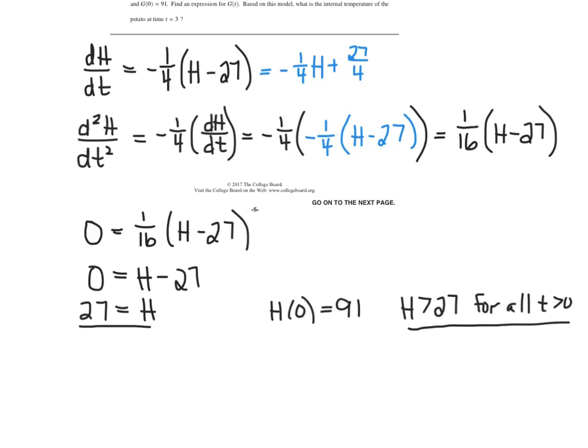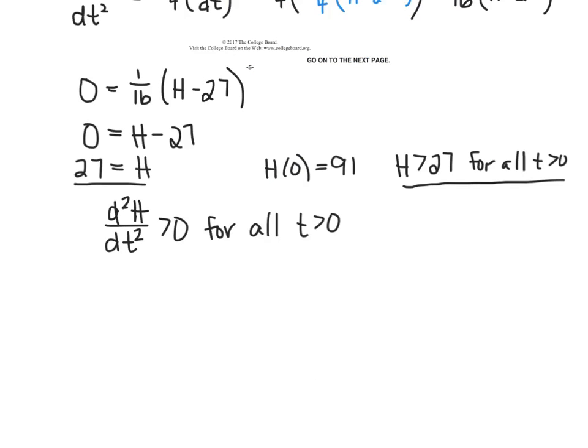Therefore, any value of h that we plug into our second derivative will give us a positive value, and we can see that by testing 91 in for h. And that means that our second derivative is positive for all possible values of t.